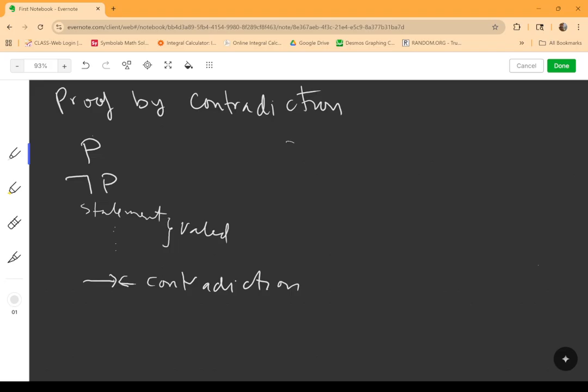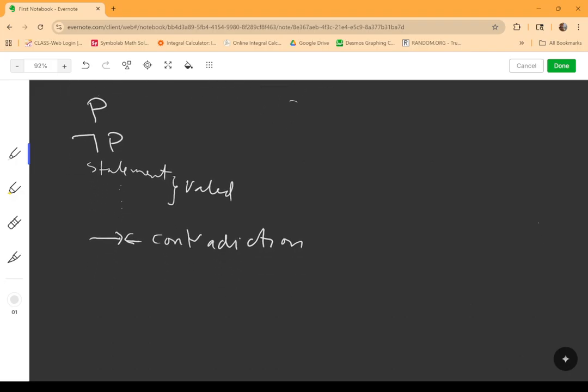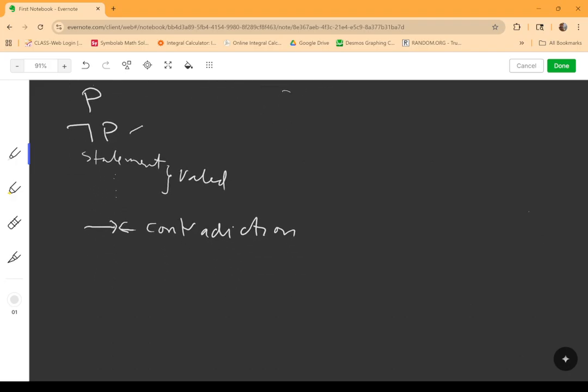So what that implies is that if all of the statements were used correctly, and definitions and other theorems were used appropriately, and that led us to a contradiction, then there's only one thing that could have been wrong, and that could have been our initial assumption. So our initial assumption is false.